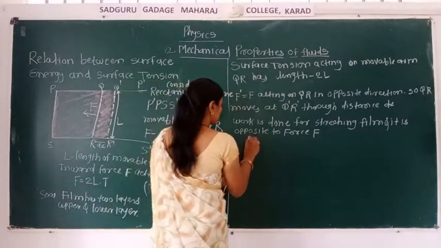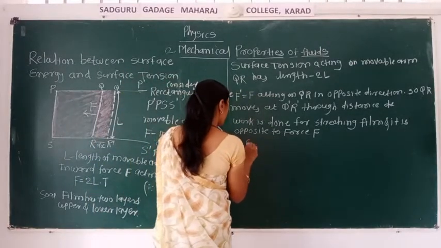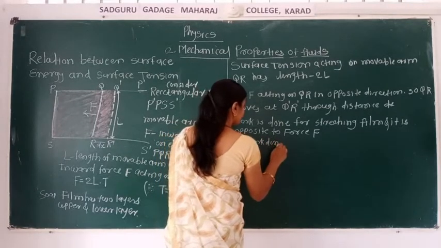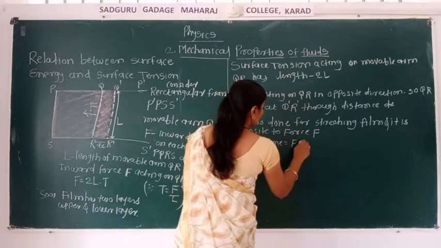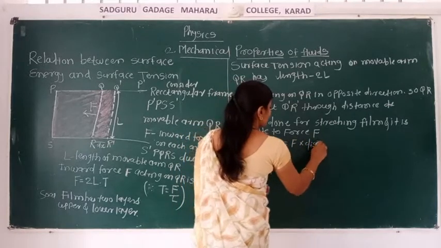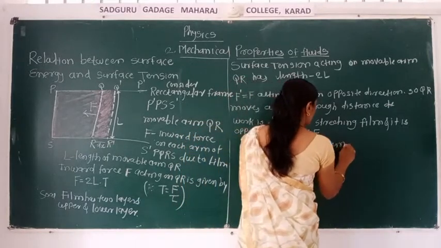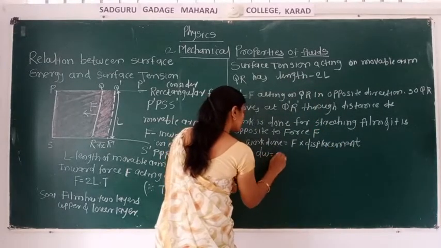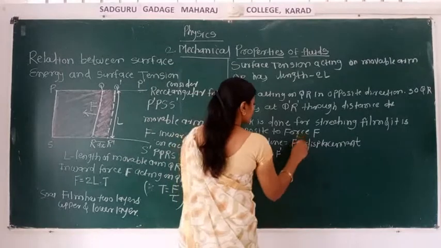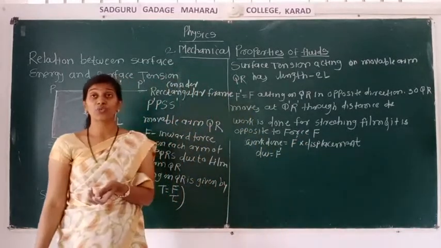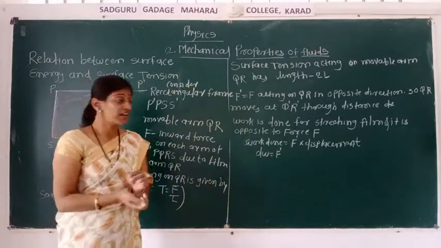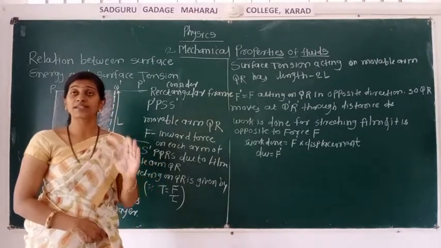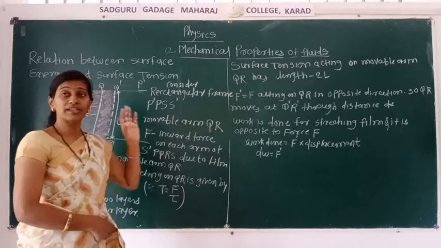Work done is equal to F into displacement. Putting this value here, dW is equal to F. Here we are not taking F, we have to take F dash. F dash is acting on that movable arm. That F dash has the same magnitude as F but in the opposite direction.